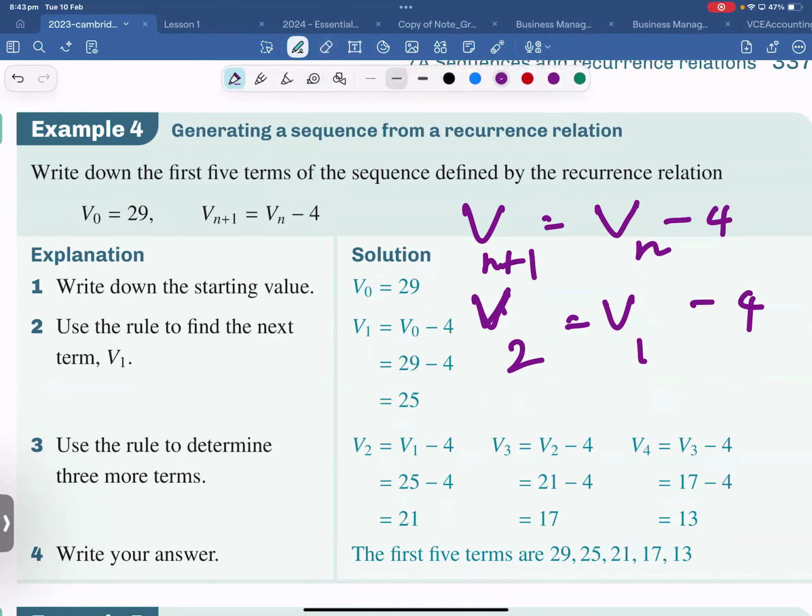When you're calculating V1, is it the value after V0? Yes, correct. V0 is the starting term, the starting value. Then V1 is the next one. That's why we include V0.